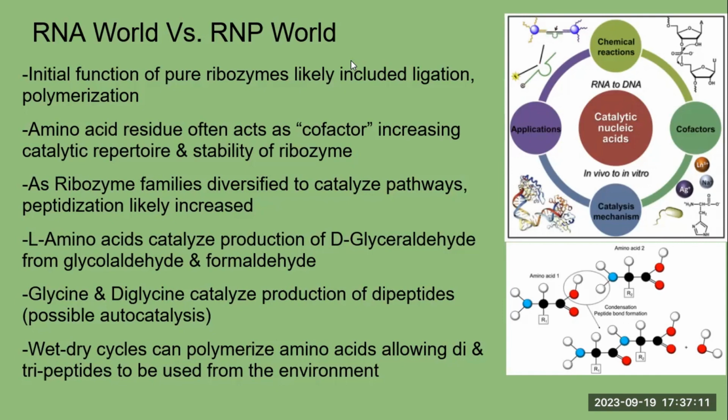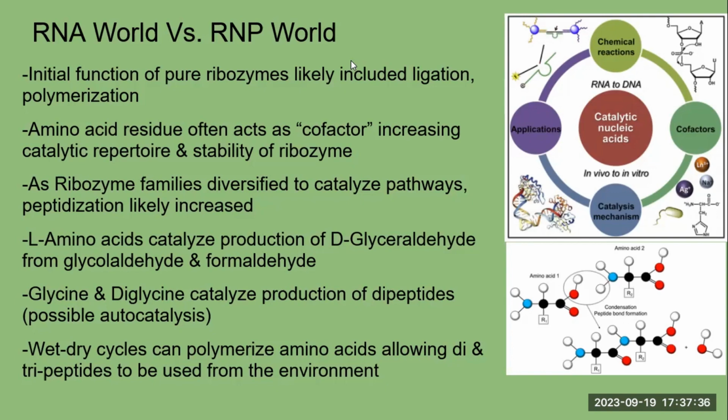The addition of single amino acids to ribozymes can increase both their stability and catalytic repertoire. A ribozyme would have catalyzed the first step of a given reaction pathway, and as it diversified into a ribozyme family, which catalyzed each step of the pathway, the amount of amino acid cofactors, or the degree of peptidization, would have increased.